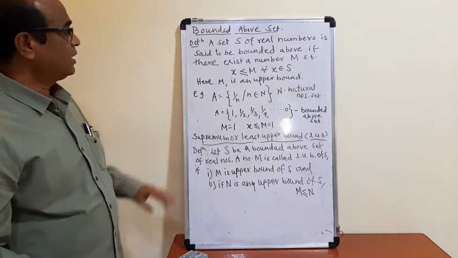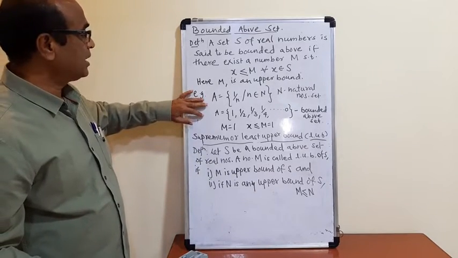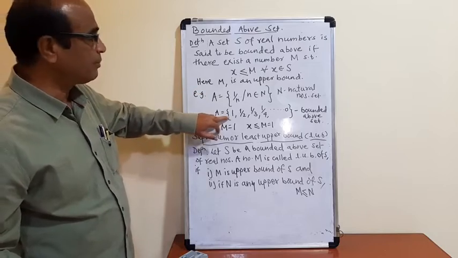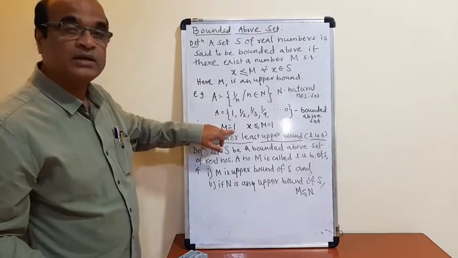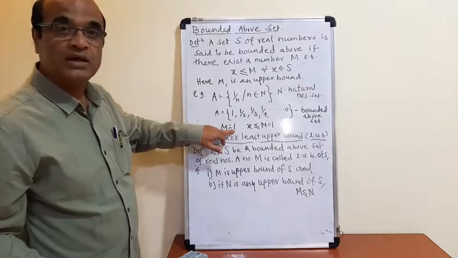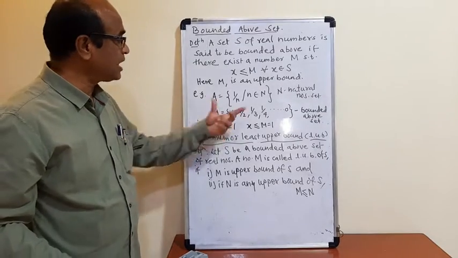Okay, so see the example. In this example, M is equal to 1, which is an upper bound of this set.